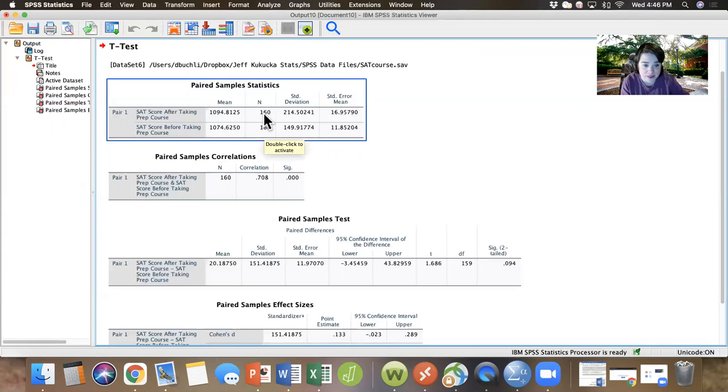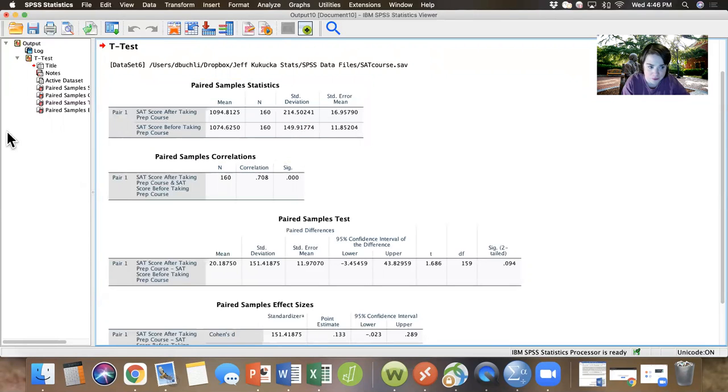And again, the sample size is going to be the same because we're comparing the same group of people, whereas sometimes the sample size is different if we have two groups of people that we're comparing. And then we have the standard deviation for each of our measures that we're comparing before and after, and the standard error, okay?